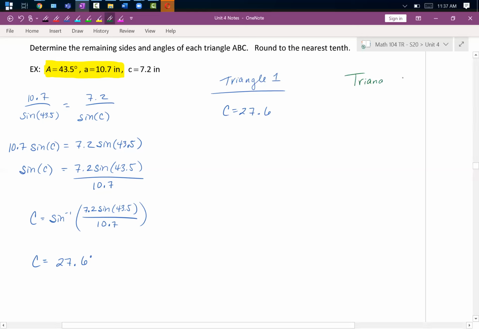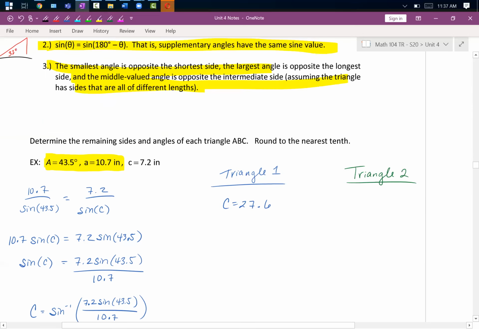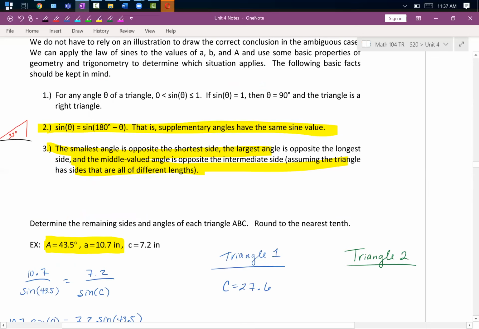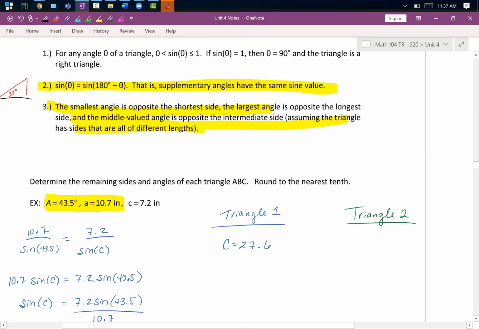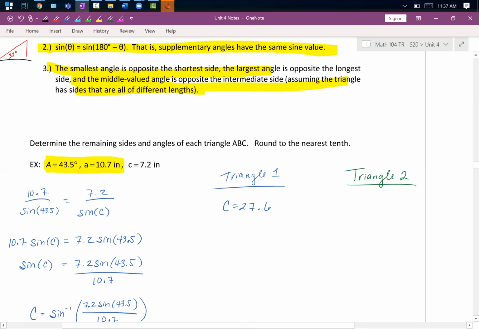To get our C value for triangle 2, we're going to use this property number 2 up here, that sine of theta equals sine of 180 degrees minus theta. And the way we're going to use that is way less complicated than that looks. So the C for our second triangle, and I'm actually going to use subscripts to indicate triangle 1 and triangle 2, is just going to be the supplement of the C from our first triangle.